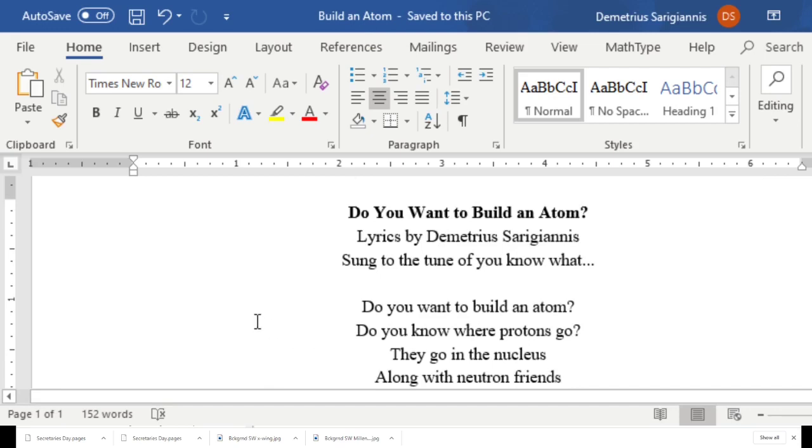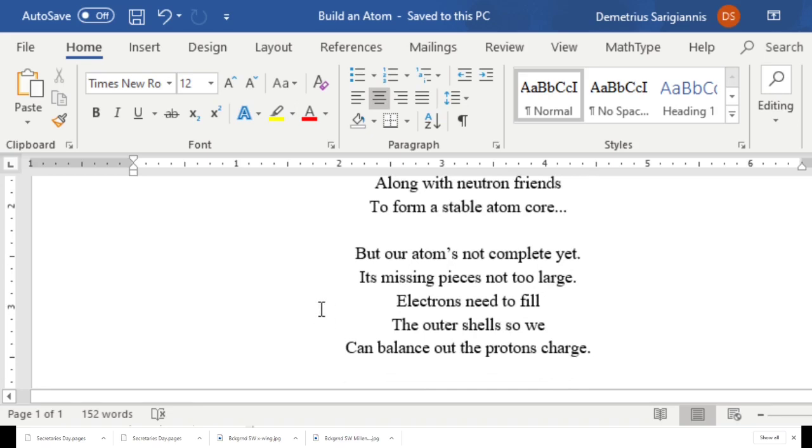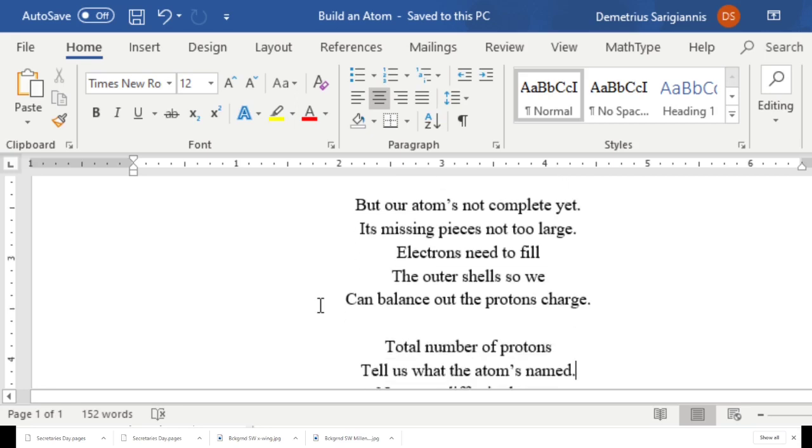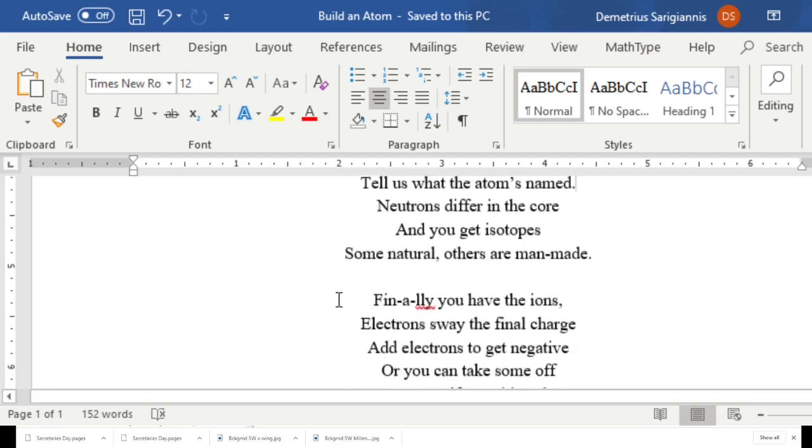Do you want to build an atom? Do you know where protons go? They go in the nucleus, along with neutron friends, to form a stable atom core. But our atom's not complete yet. It's missing pieces not too large. Electrons need to fill the outer shell so we can balance out the proton's charge. Total number of protons tell us what the atom's named. Neutrons differ in the core, and you get isotopes, some natural, others are man-made.